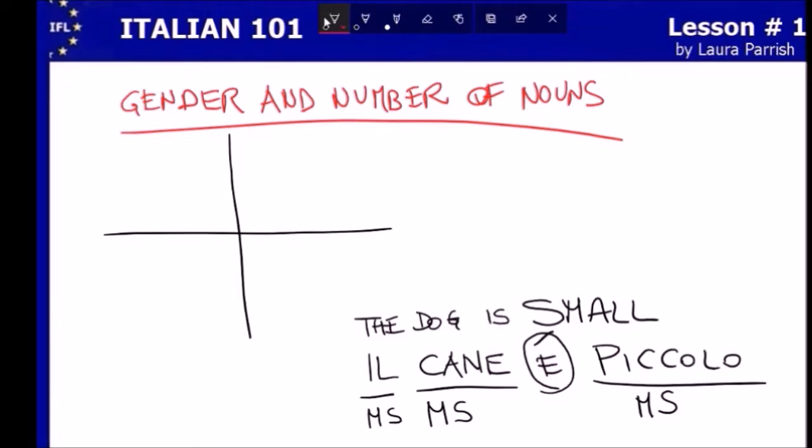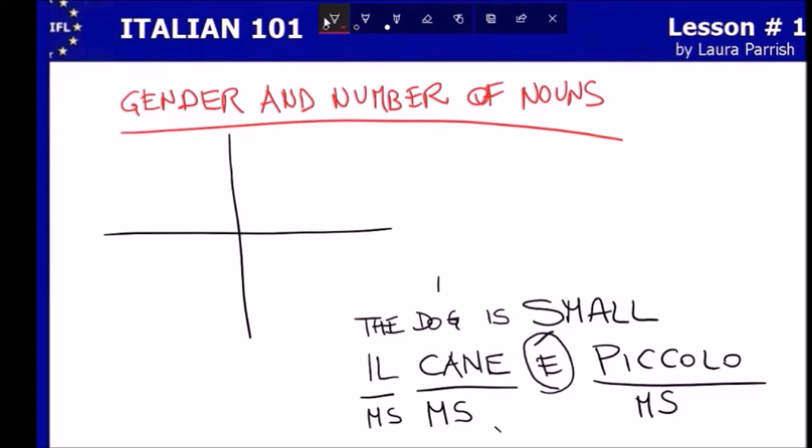If you have a noun that is, for example, feminine, the article has to be feminine and the adjective has to be feminine. The gender and number of the noun has to match the gender and number of the article and of the adjective, if there is an adjective.